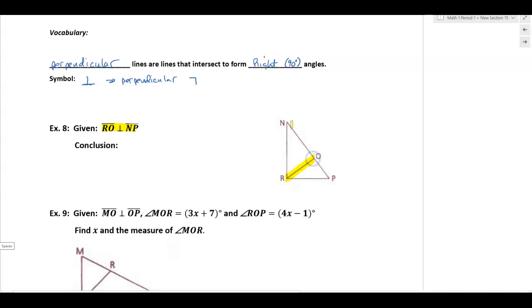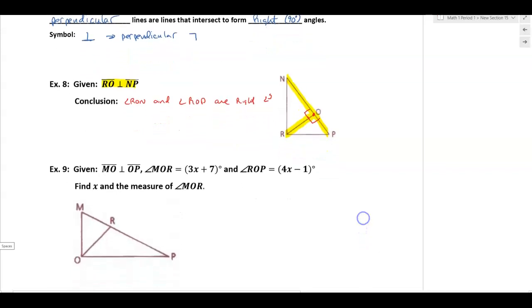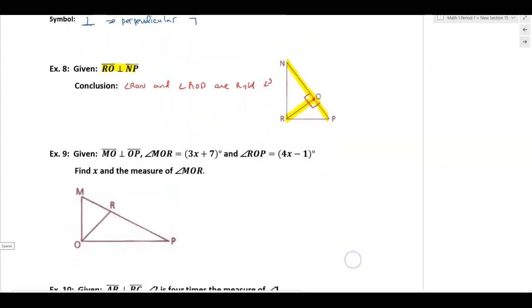So right at that intersection where these two lines intersect, I can say this is 90 degrees and that is 90 degrees. So we could say angle RON and angle ROP are right angles. Okay? Knowing that symbol is very critical for everything beyond this point.